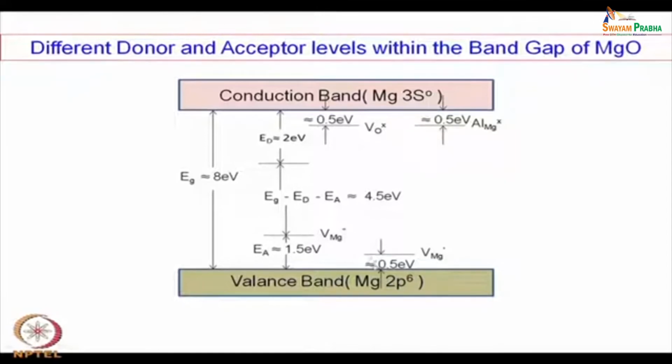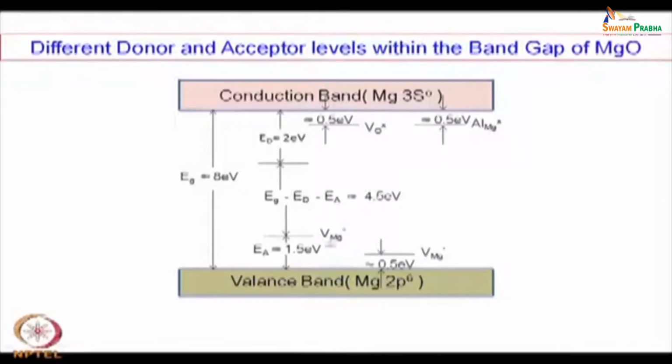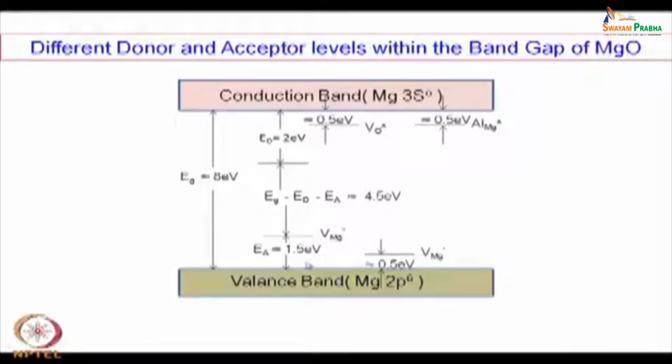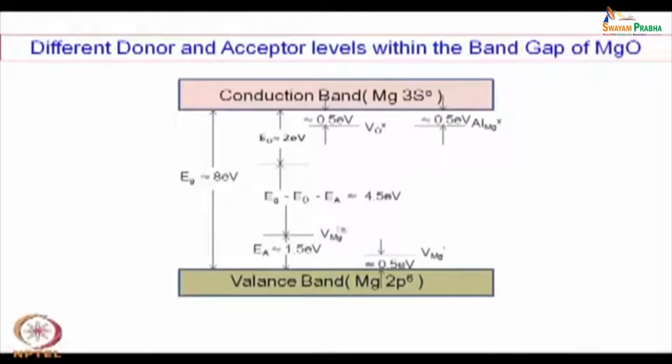They will accept electrons, and the typical energy levels are about 0.5 electron volt in this case and about 1.5 electron volt in this case. So, this is singly charged and this is doubly charged. We mostly get doubly charged ions. So, it gets energy states within the band gap, and therefore, to some extent, conduction is possible.